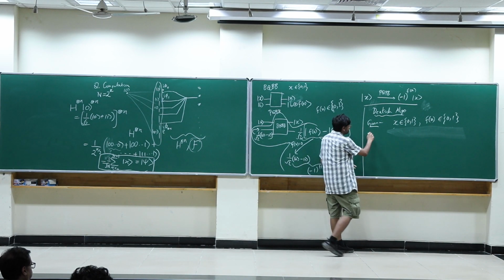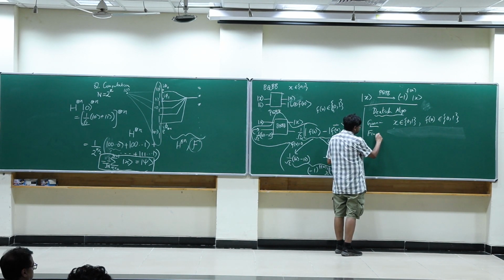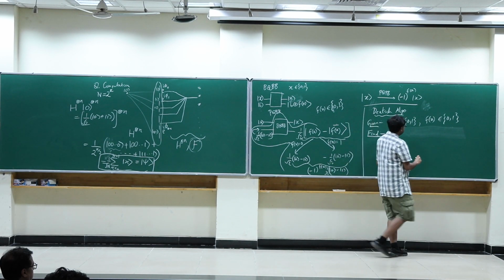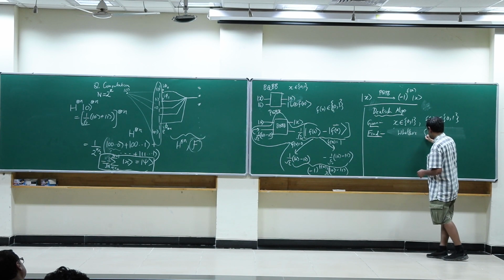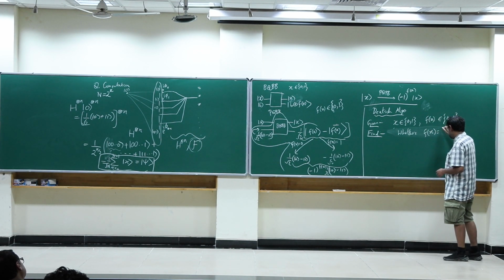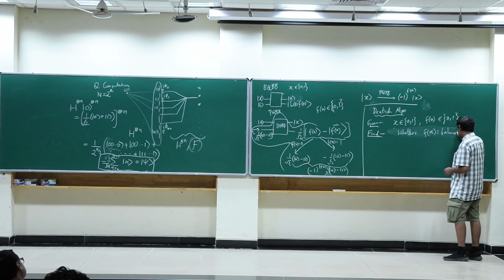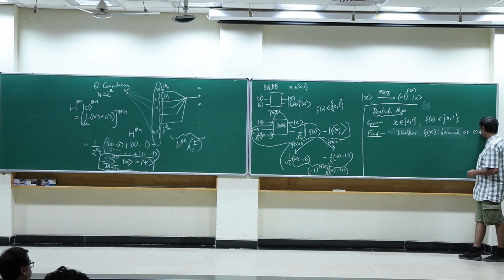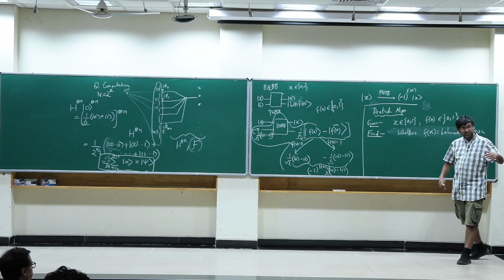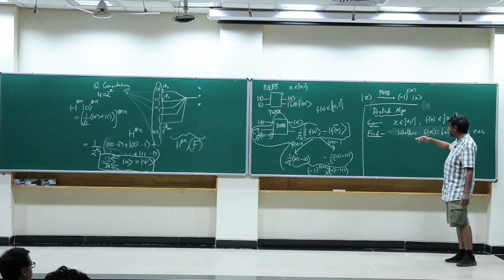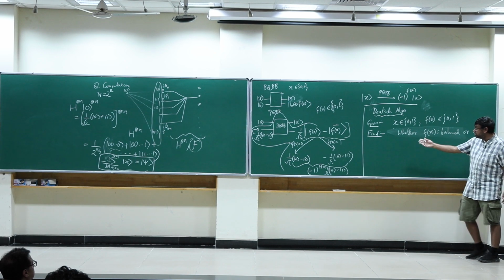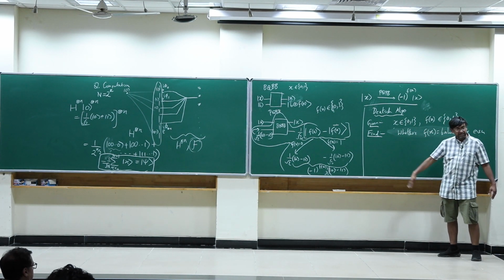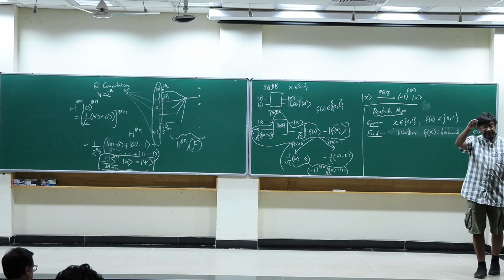So given this, what is to be found is whether f(x) is balanced or even. Balanced means f(0) is 0 and f(1) is 1, or vice versa. Even means f(0) equals f(1) essentially. So you want to find whether the function is like that or like that.